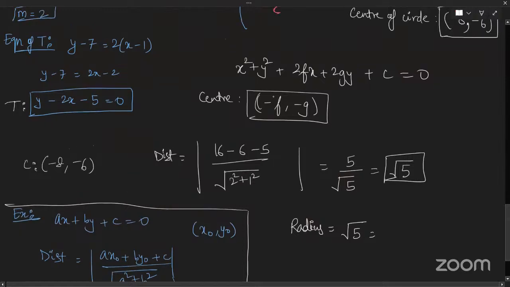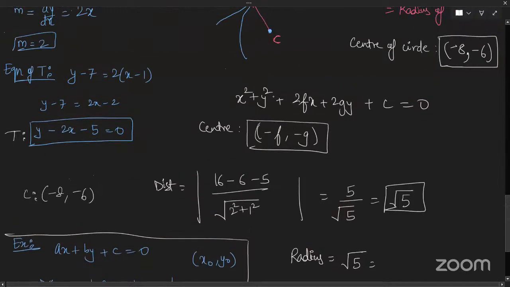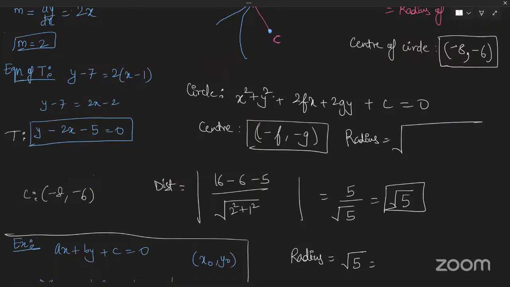In the standard equation that has been given to you, can you tell me what is the formula of radius? This is a standard equation of circle. If you know, I am not sure if you have.